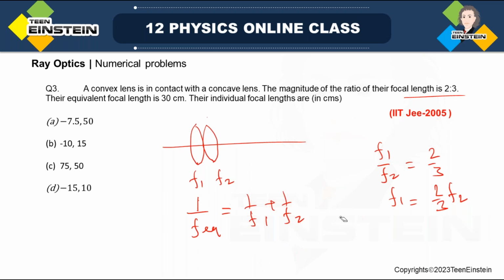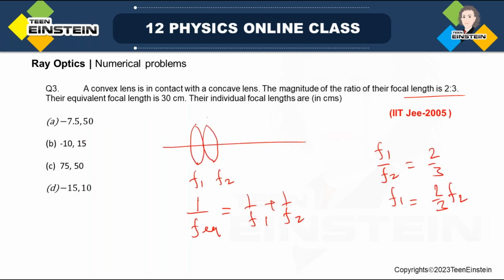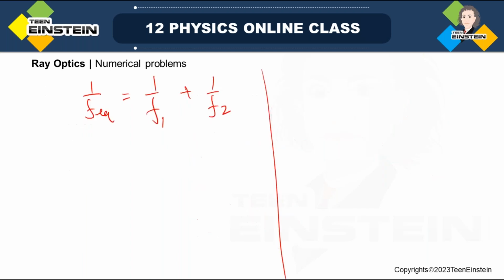So let me go to the next page. Here the ratio is given, so f1 can be written as 2 by 3 f2.